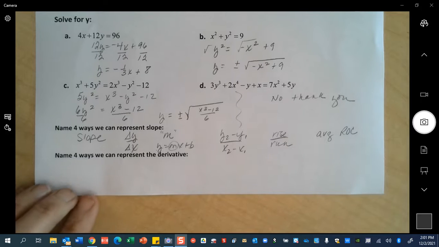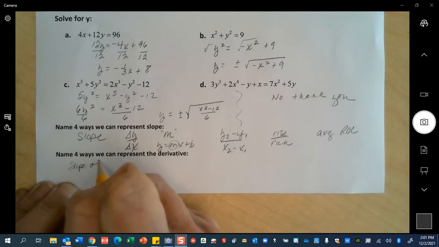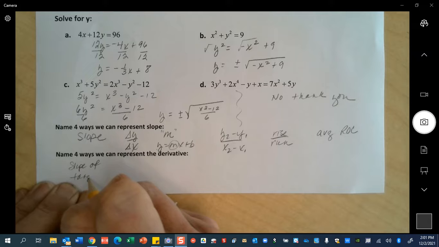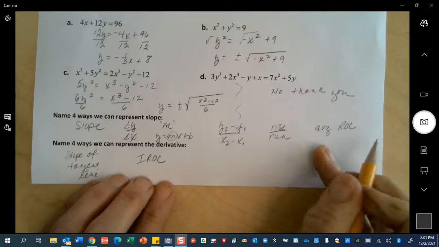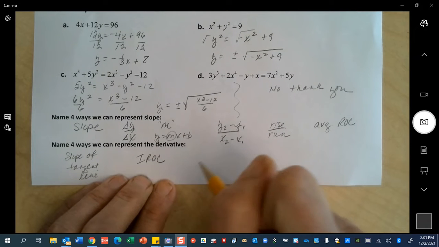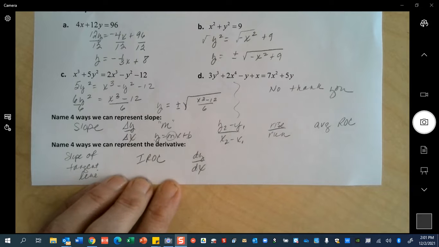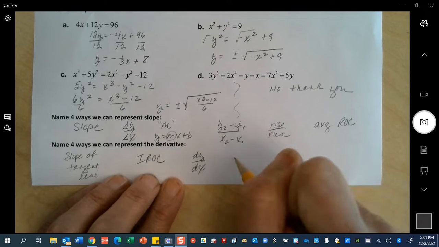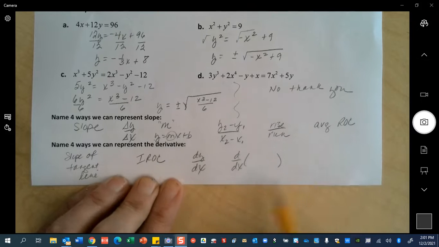What is the derivative? Okay, we can say it's the slope of the tangent line. Keep going. It's the instantaneous rate of change. I love it. Keep going. dy over dx. I love it. Keep going. So d over dx we're going to talk about in a minute because what I need is a function.